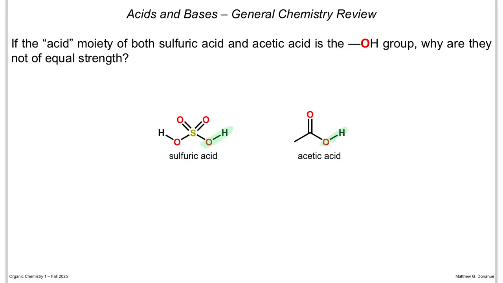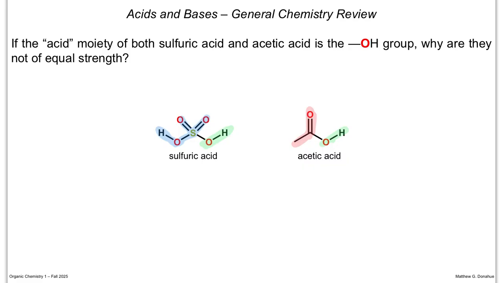To consider that, we'll look at the rest of the molecule. I'll do that one in blue, and then I'll do this one in red. How does the rest of the molecule, highlighted in blue for sulfuric acid and red for acetic acid, increase or decrease the acidity of the H of the OH group?